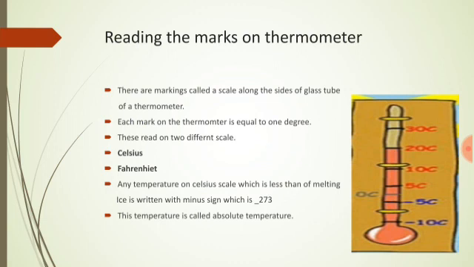The temperature which is less than melting ice, or 0 degrees centigrade, is also called absolute zero, which is equal to minus 273.